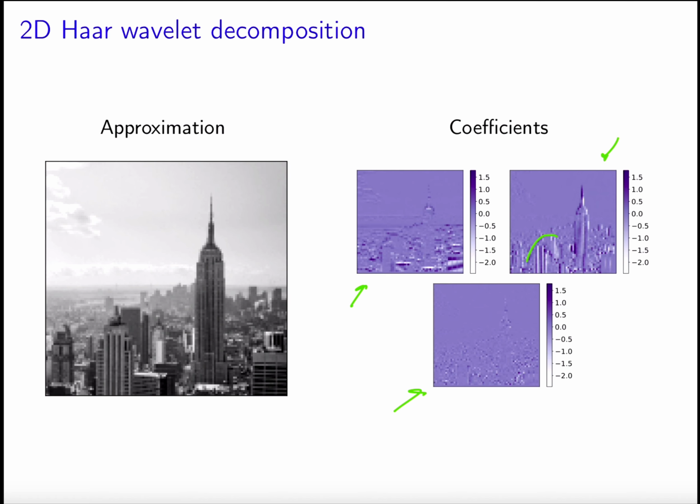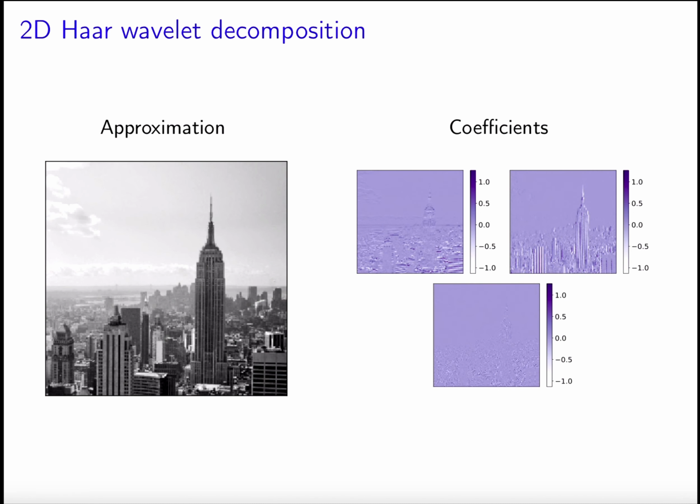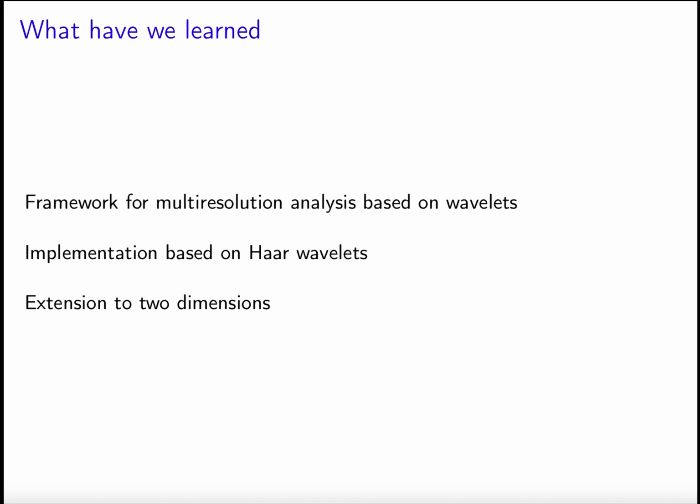There seems to be more structure vertically than horizontally, which makes sense, right? Because you see all of these lines going up. On the other hand, this horizontal structure kind of shows you this part here. And this is how you can use 2D Haar wavelet decomposition to decompose signals into different scales and different resolutions.